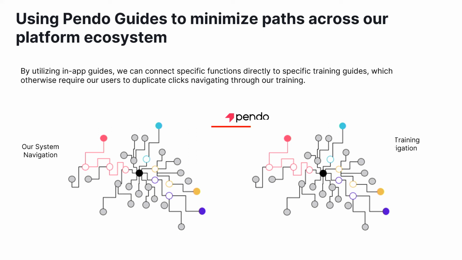So if we've got like 1,000 features in the system, we can use a guide to directly connect to that piece of training. And now we've essentially eliminated going to a whole other thing and an entire trip down that decision tree.